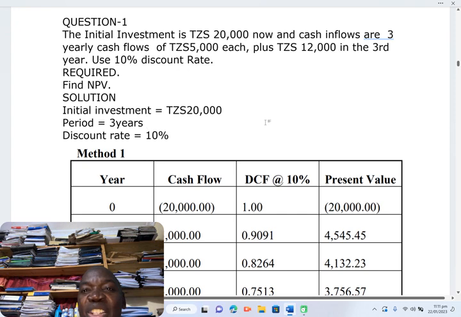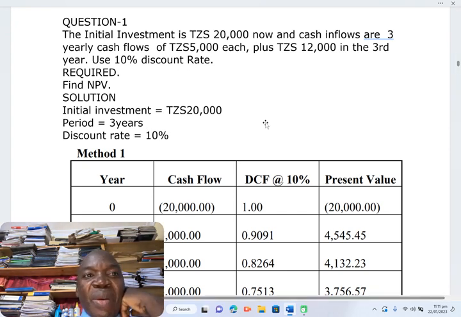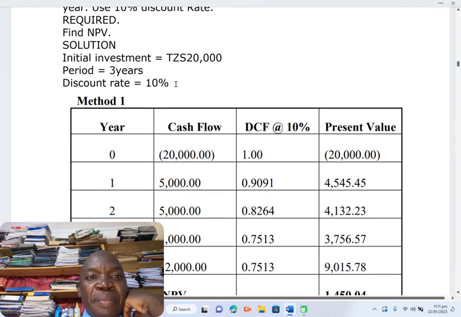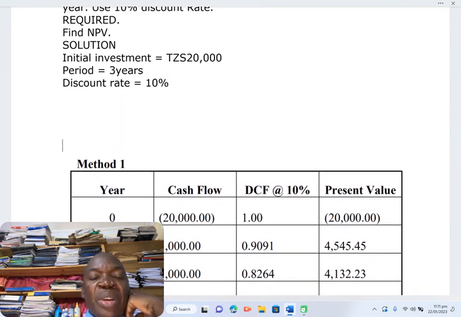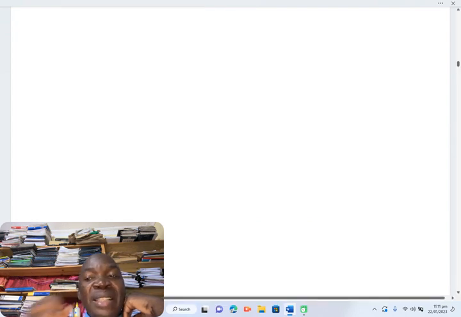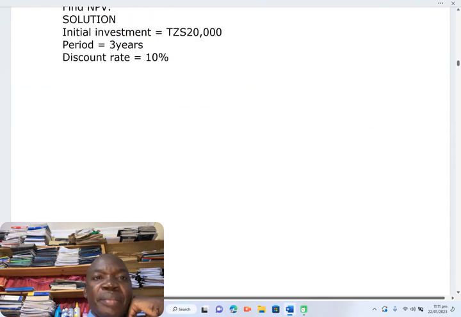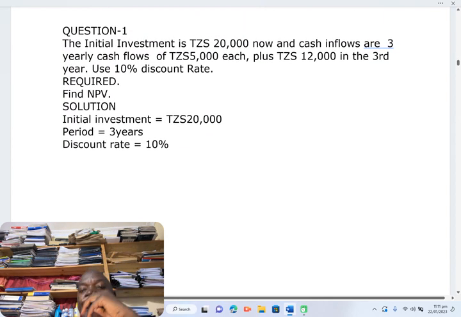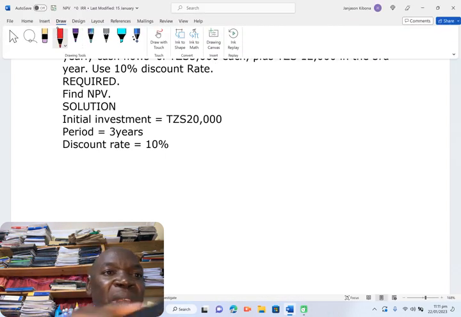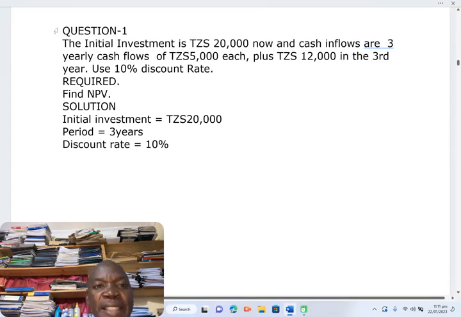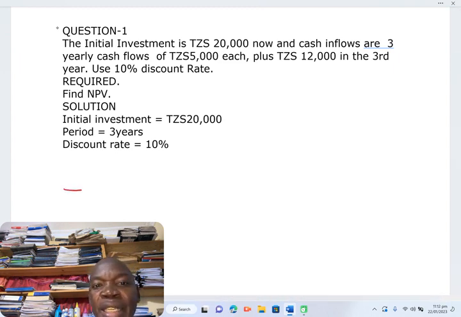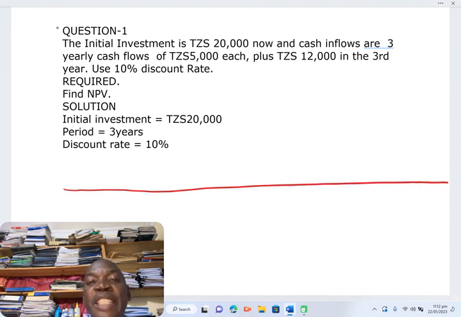So this one here is very important to note at every stage. What is happening here so far? Number 1, I will demonstrate this so that you understand clearly what this means. The following facts arise. First of all, the project is of a period of 3 years.